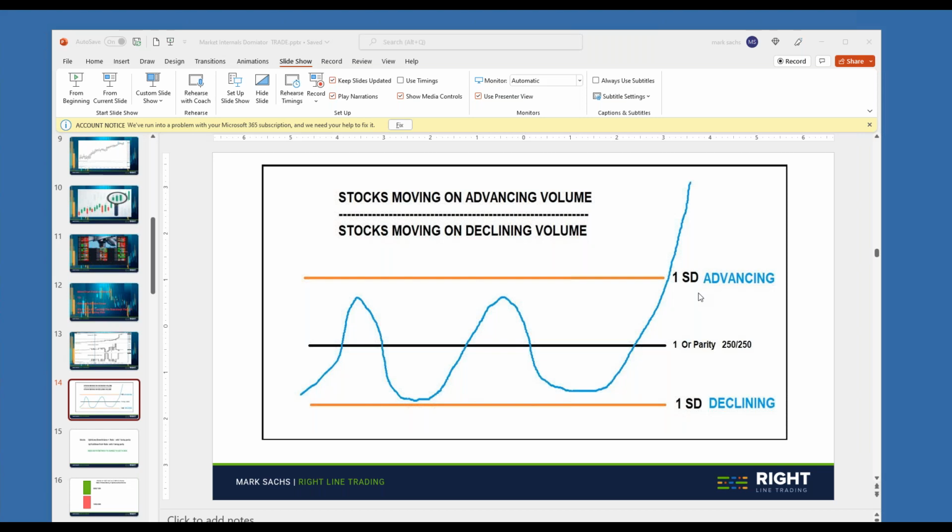So what we did, now you can do this simply by looking at a chi-square analysis. It's very, very simple. You can determine what ratio is one standard deviation above the mean and what ratio is one standard deviation below the mean.